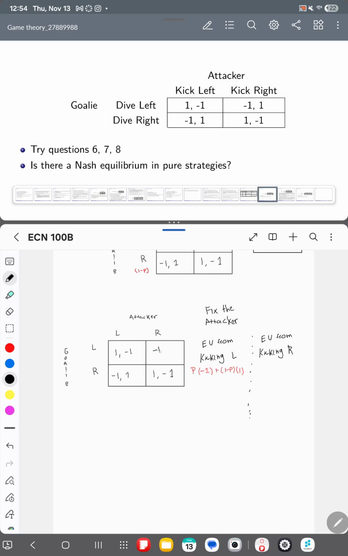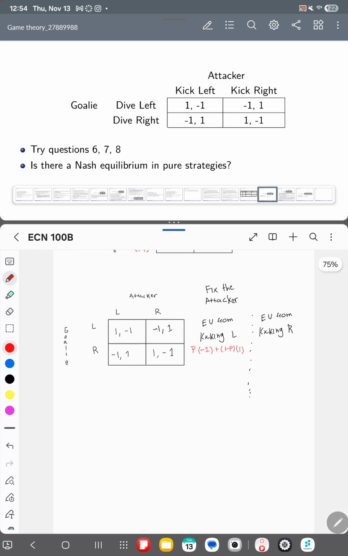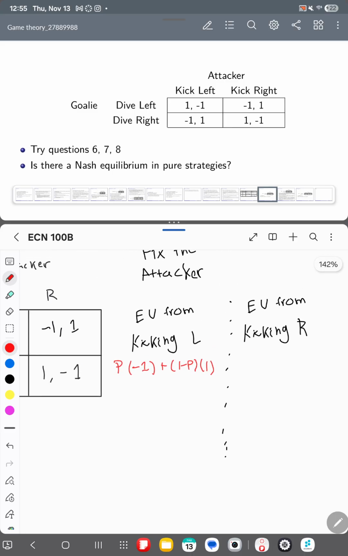So once I have fixed that, now let's get back to business. Expected utility from kicking right. If you kick right as an attacker, you could either win or you could lose. And whether you win or lose depends on what the goalie is doing. You could either end up getting this 1 or the -1. Those things happen when the goalie goes left and right respectively, which happen with probability P and 1 minus P. And that would give you the expected utility from kicking right for the attacker.